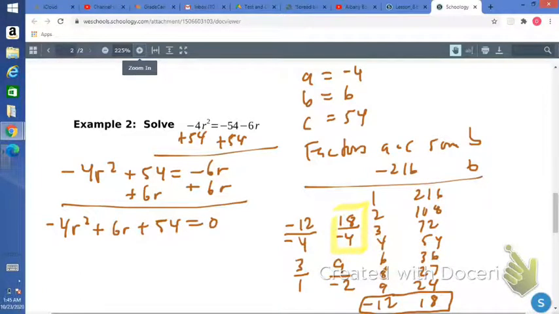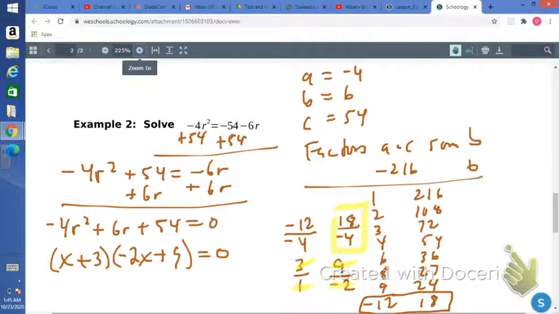Alright, so now I can put it in factored form. So that 1 right there gets paired with an x, and then plus 3. And then this negative 2 gets paired with an x, so negative 2x, and then plus that 9 equals 0.